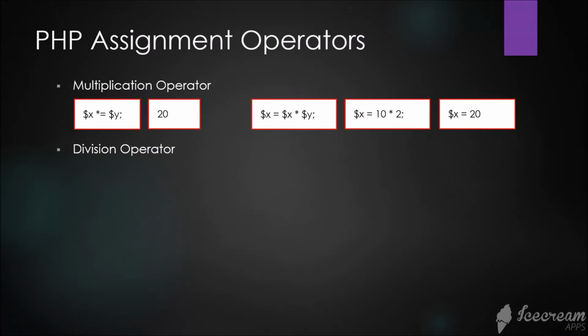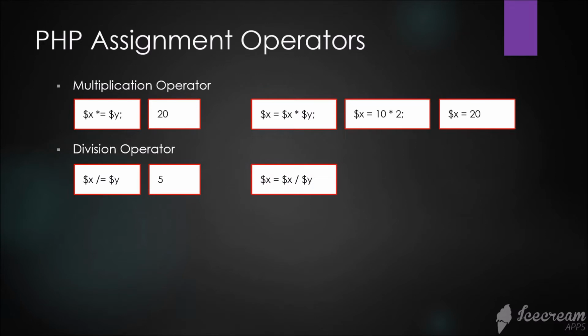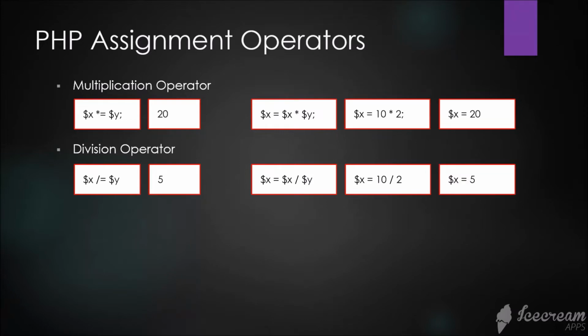Okay, so in the division part, we have x divide equal y. Then we have the answer of 5. Then if we rewrite and replace, 10 divided by 2, basically the answer will be 5. That's why the value of x is 5. Then for the modulus part, we have x modulus equal y.